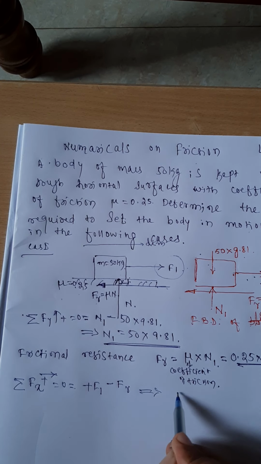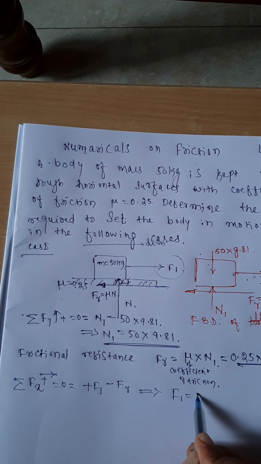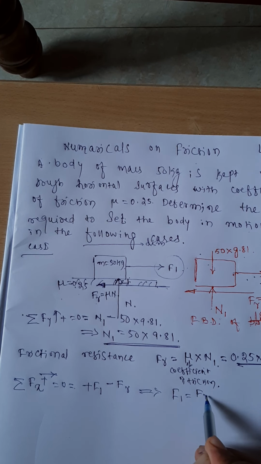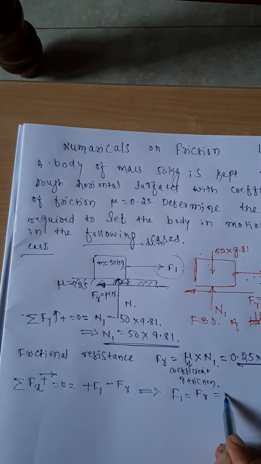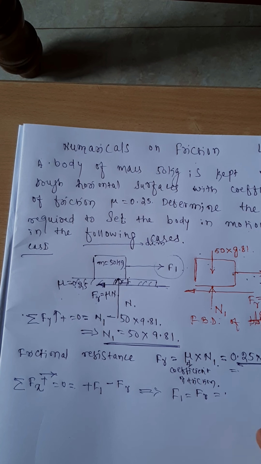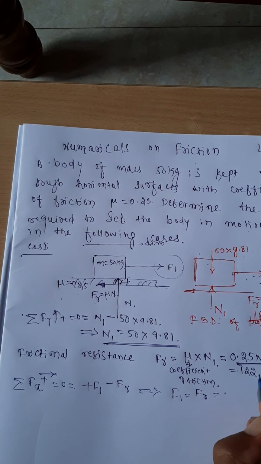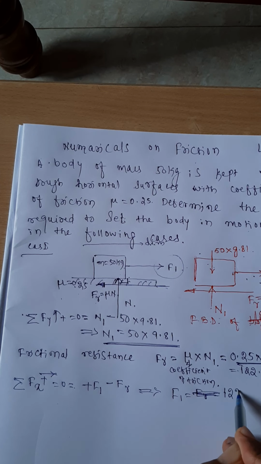Simplify it, you will get the force F1 is equal to FR, and already you know the value of FR. What is the value of FR? If you simplify it, the value of FR comes out to be 122.62. Therefore, the value of F1 is equal to 122.62 Newton.